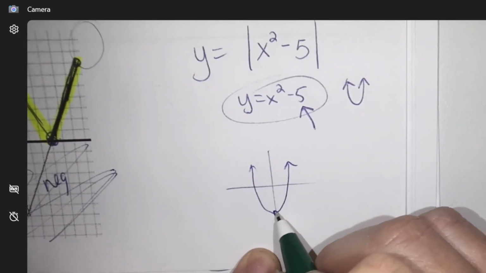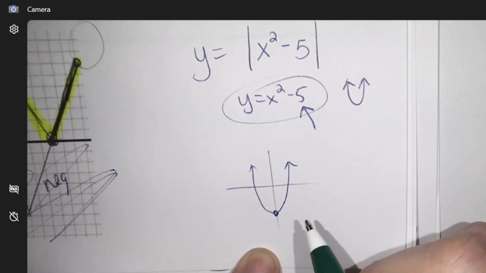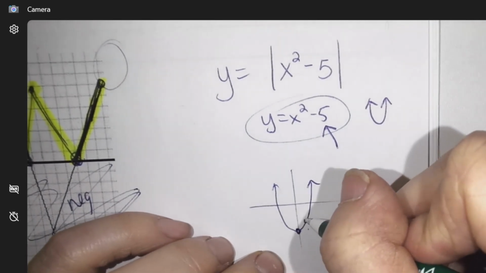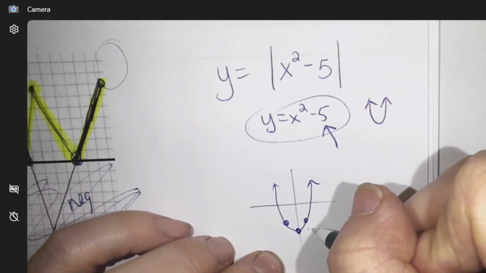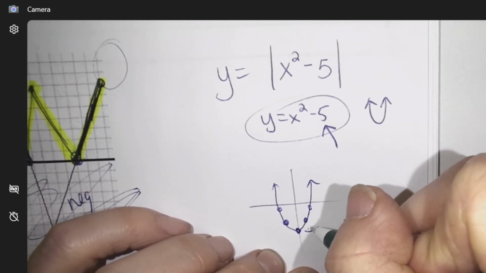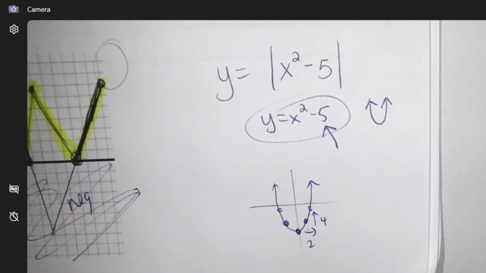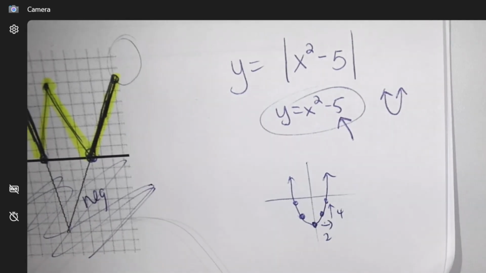And do you remember how to make other points? Do you remember that pattern of parabolas? 1, 1, 2, 4. Remember that? 1, 1, 2, 4. What's the next set of points? 3, 9. Okay?